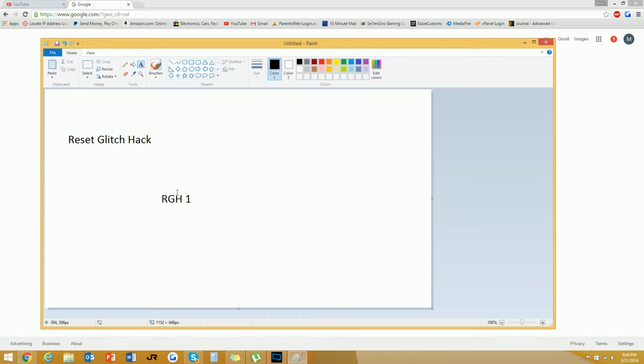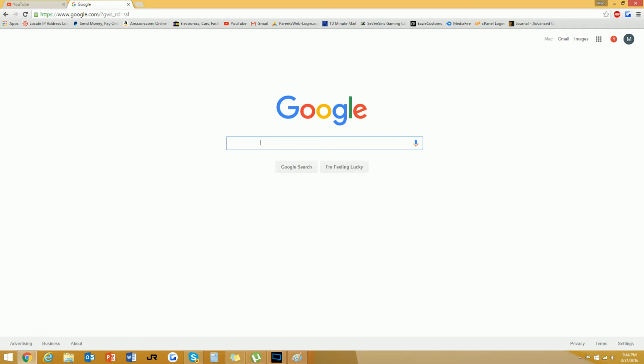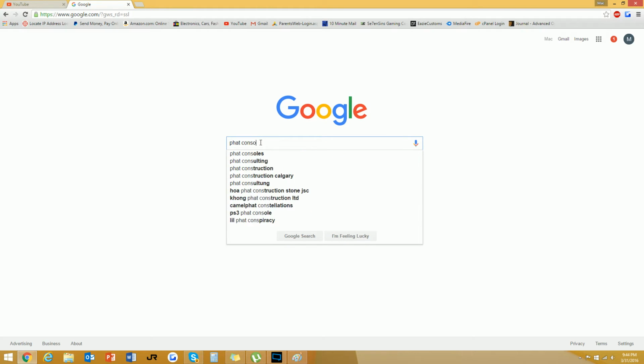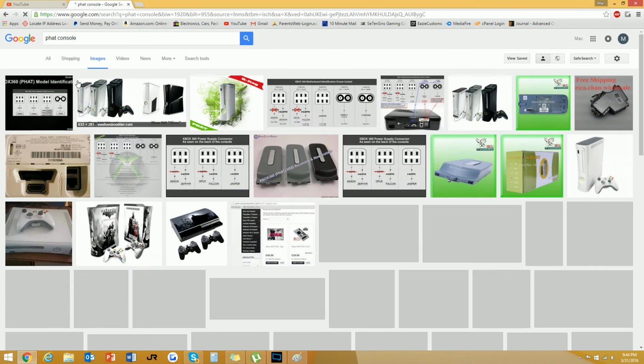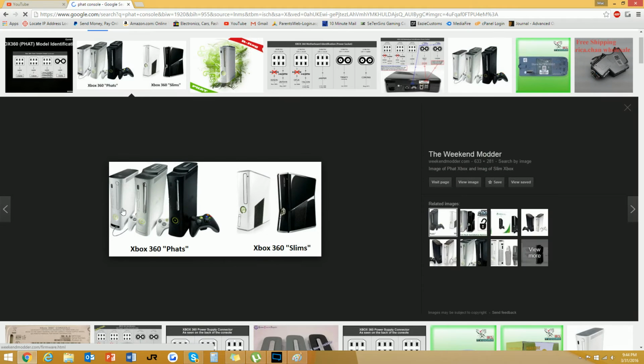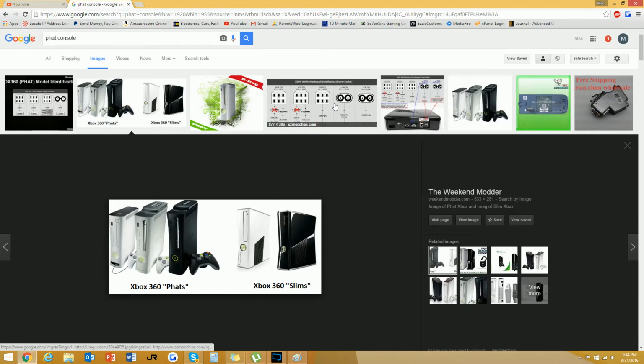The reset glitch hack 1 was used on the fat consoles, and here is where our Google comes in. Fat console. As you guys can see, they're mostly used on these consoles as well as the JTAG.